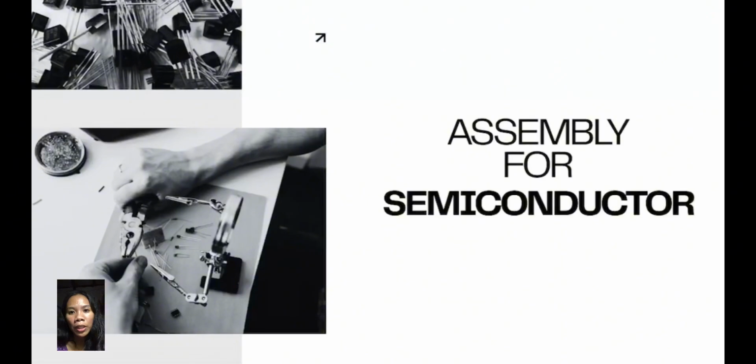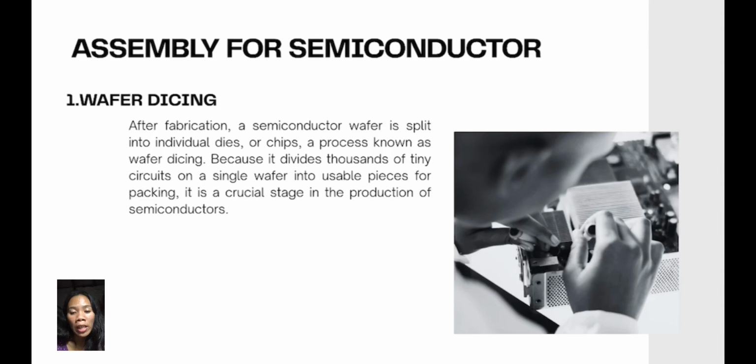And now let's proceed to the assembly for semiconductor. So the first one is wafer dicing. After fabrication, a semiconductor wafer is split into individual dies or chips, a process known as wafer dicing, because it divides thousands of tiny circuits on a single wafer into usable pieces for packaging.